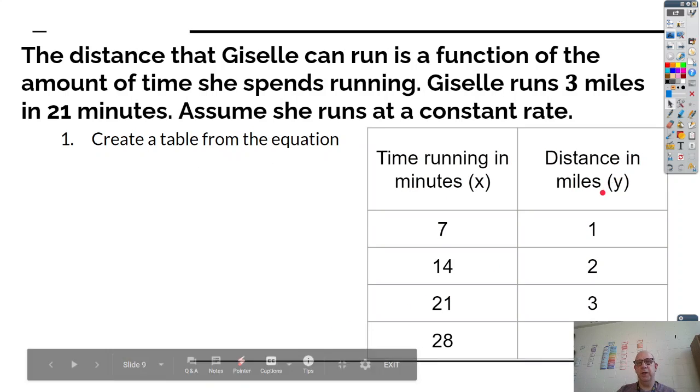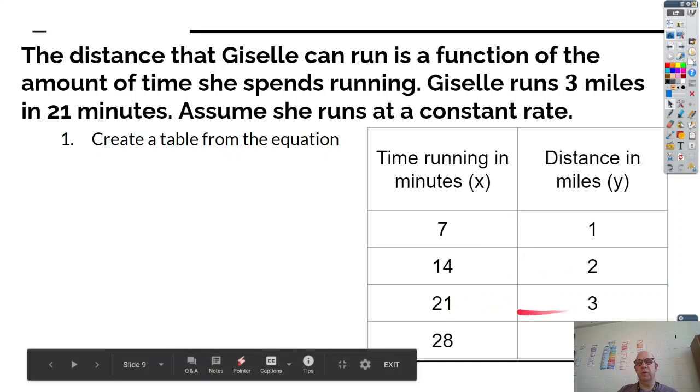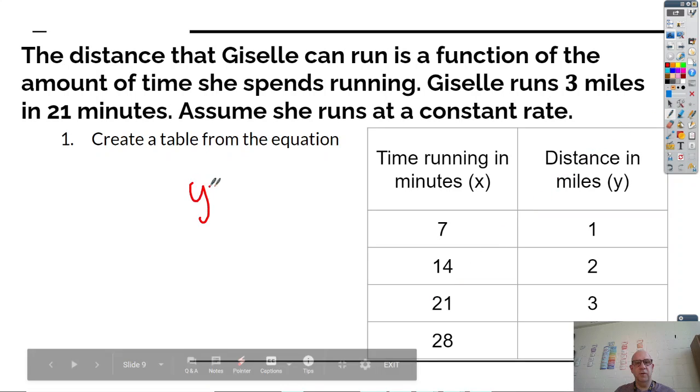I can create a table for this. So x is minutes, y is miles. So 1 mile in 7 minutes, or 7 minutes to run 1 mile, 14 minutes to run 2 miles, 21 minutes to run 3 miles. And I've just been putting them in this equation.